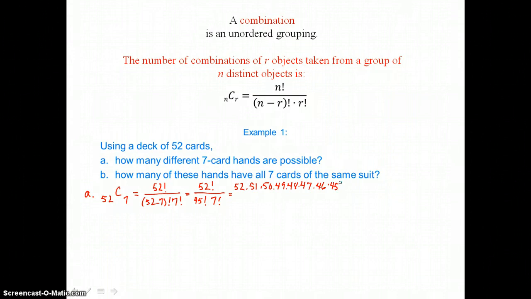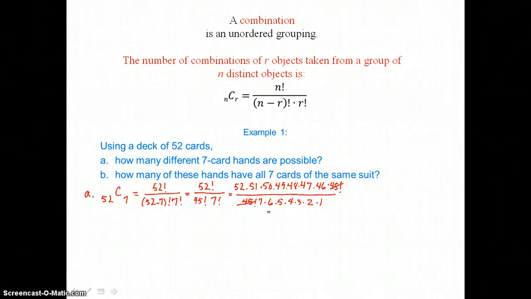I'll have 45 factorial because in the denominator I also have 45 factorial, and I'll be able to cancel all those factors top and bottom at once. In the denominator I also have 7 factorial, so I'll expand that. 7 times 6 times 5 times 4 times 3 times 2 times 1. And now we'll cancel those like factors top and bottom to simplify.